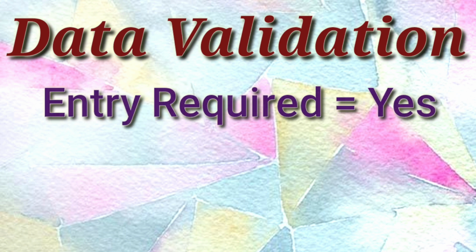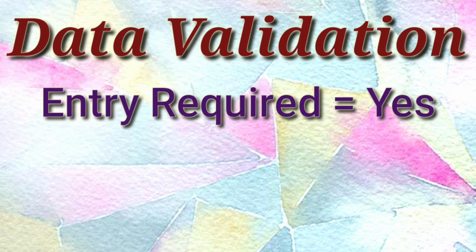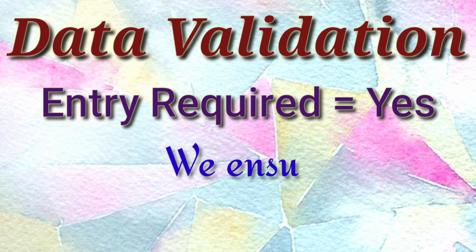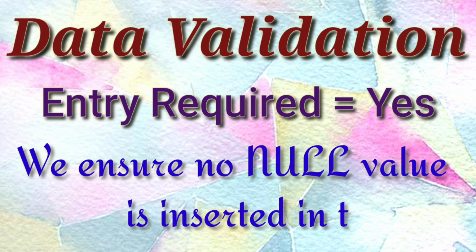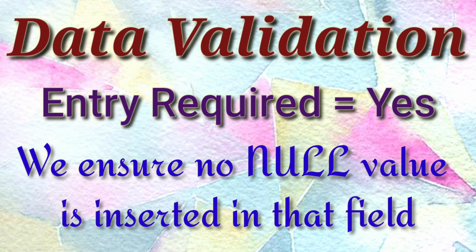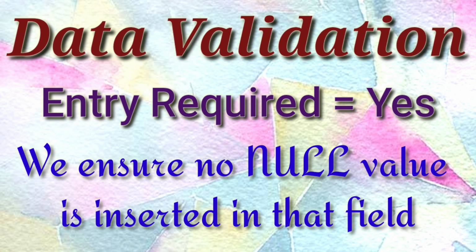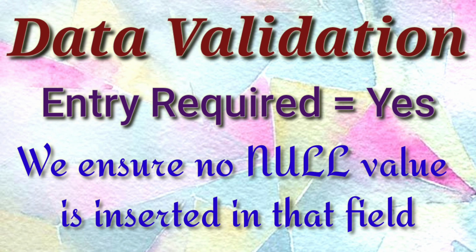So, by setting the property entry required to yes for a field, we ensure that no null value is inserted in that field. For example, at certain places you might have seen, while filling a form, some fields marked required. If we are not entering the values in these fields, we are not allowed to save the data. Such is called data validation.